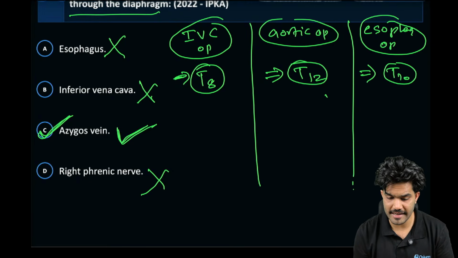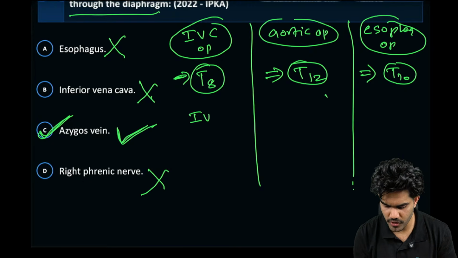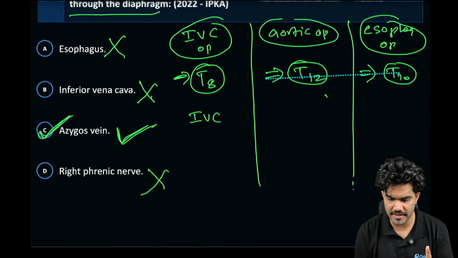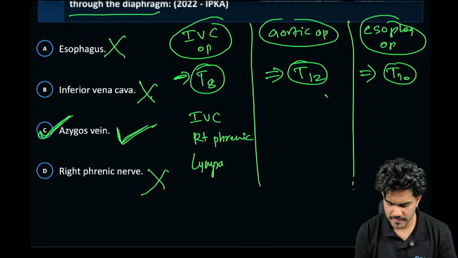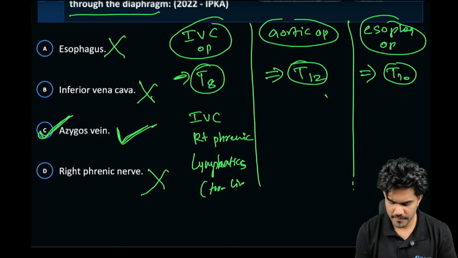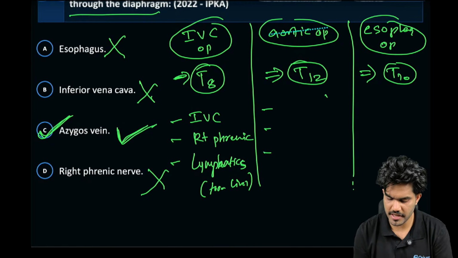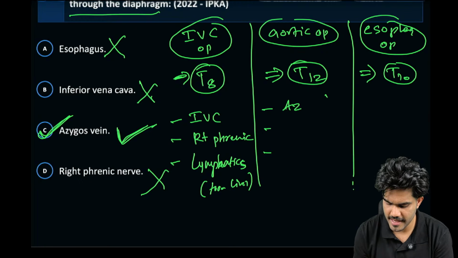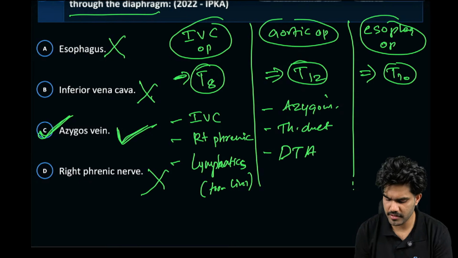But what are the contents in these? Let's see. The vena cava opening has the IVC by the name itself, and the right phrenic nerve plus lymphatics from the liver. Three structures. Next, the aortic opening will have, as I discussed, esophagus, vein, thoracic duct, plus the descending thoracic aorta.